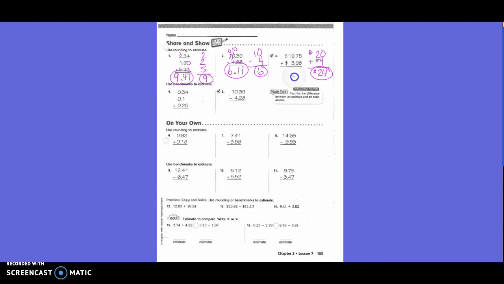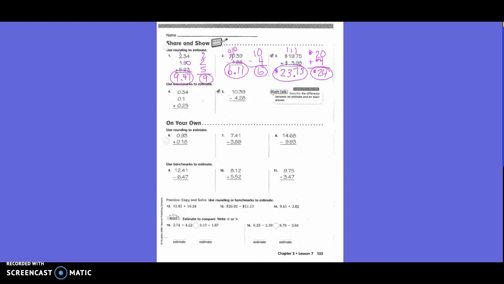Bring down my decimal. 5 plus 8 is 13. Put a 3. Carry my 1. 1 plus 7 is 8. 8 plus 9 is 17. Put my 7. Carry my 1. 1 plus 9 is 10, plus 3 is 13. Carry my 1. 1 plus 1 is 2. So $23.73. Is that close to 24?